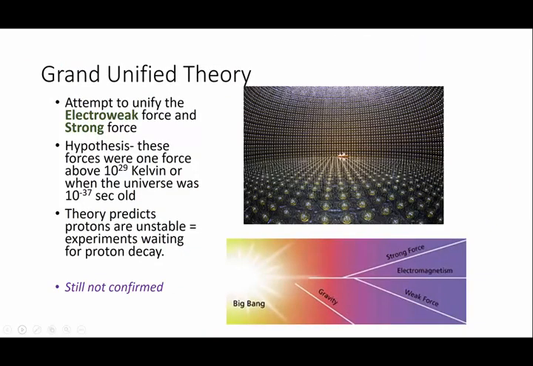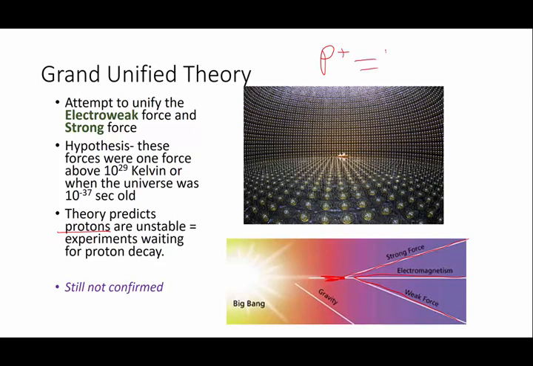Current efforts are to look for the weak, the electromagnetic, and the strong force to be combined. That's something that we have not achieved at the moment I'm making this video, and that is something that is being looked for at labs all over the world. One of the things they're looking for is proton decay. Remember I said neutrons were not a fundamental particle?